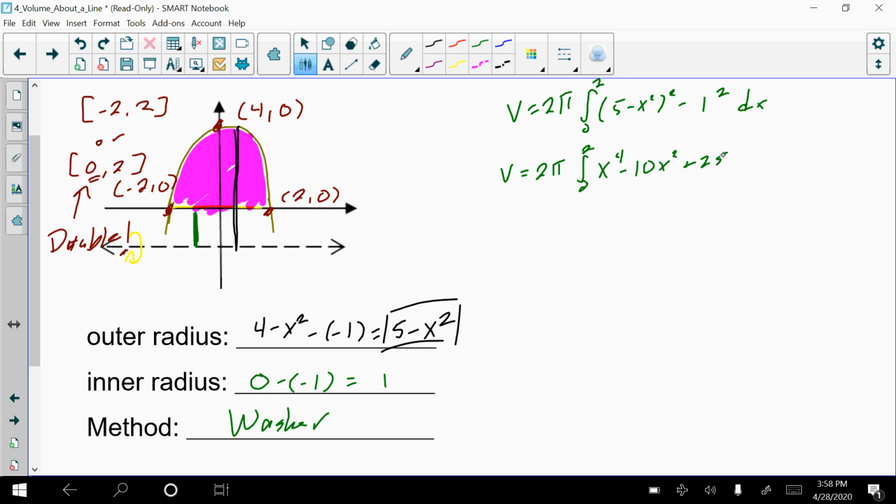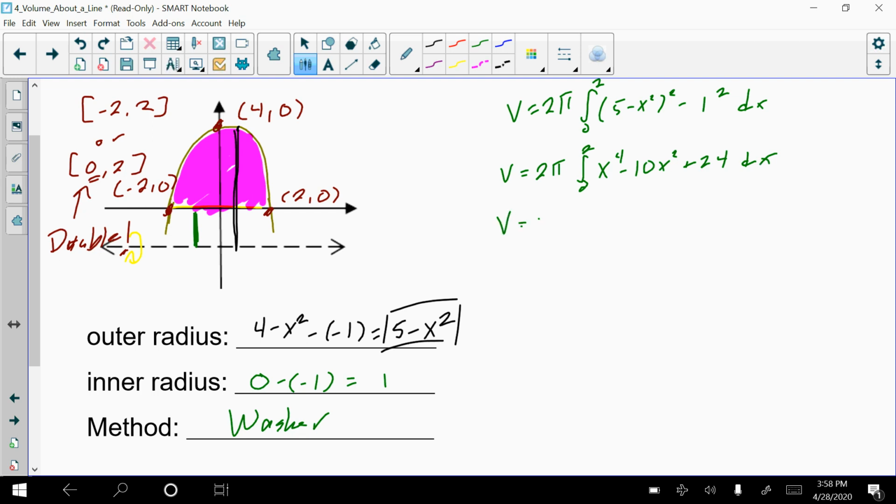And of course, 1 squared is going to be minus 1. So we'll just subtract the 1 from the 25 and make it 24 dx. And so now we have a relatively simple, straightforward polynomial that we can take the antiderivative of.